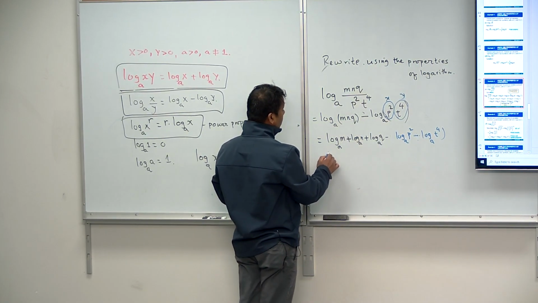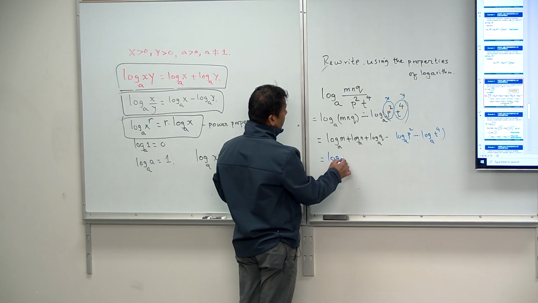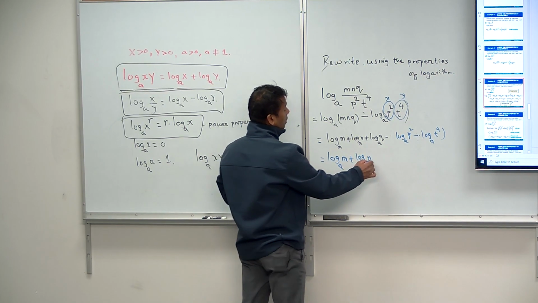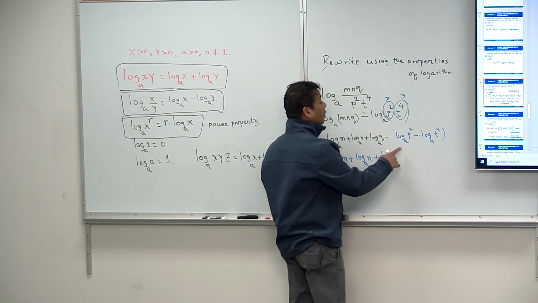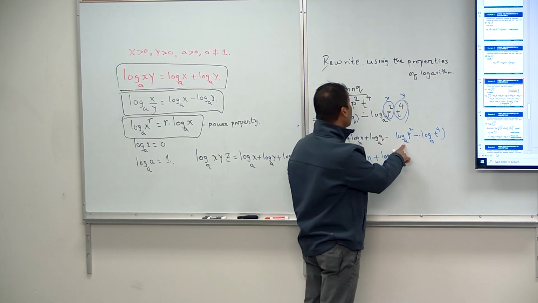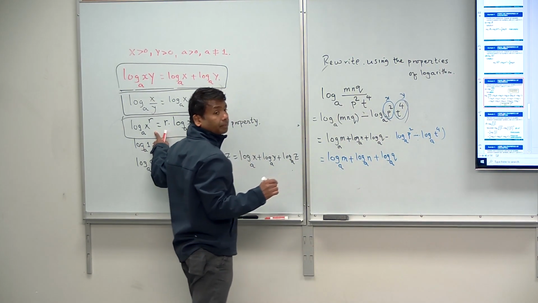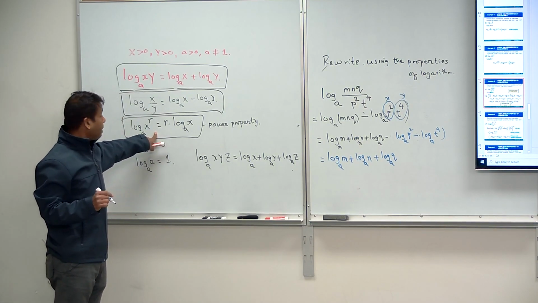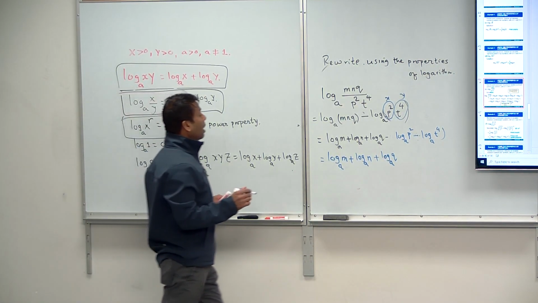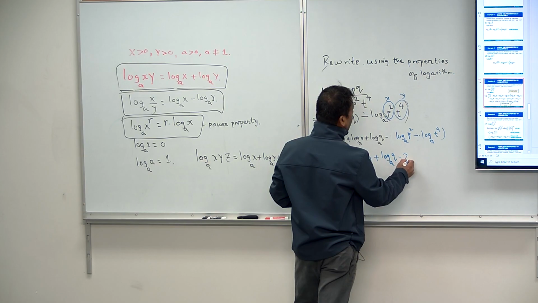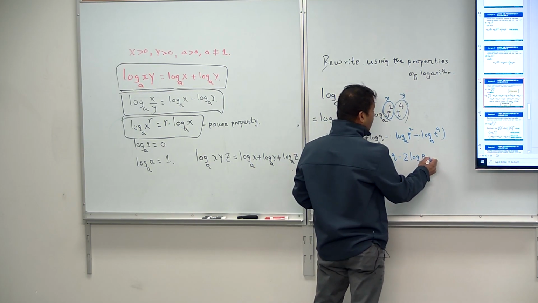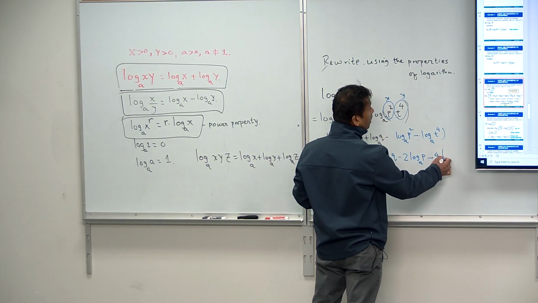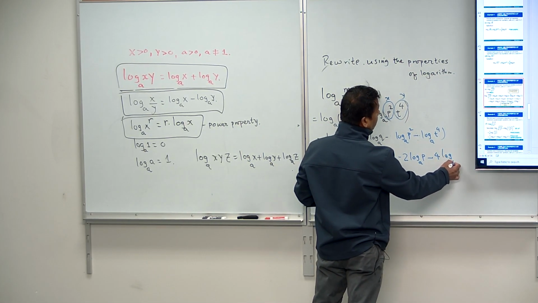Okay, so now logarithm with base a of m plus logarithm with base a of n plus logarithm with base a of q, and now you use the power property. So now it will be minus 2 times logarithm with base a of p minus 4 times logarithm with base a of t.